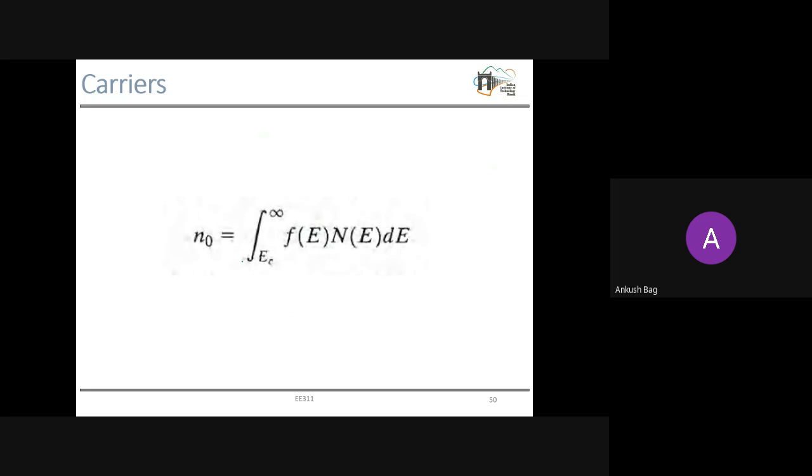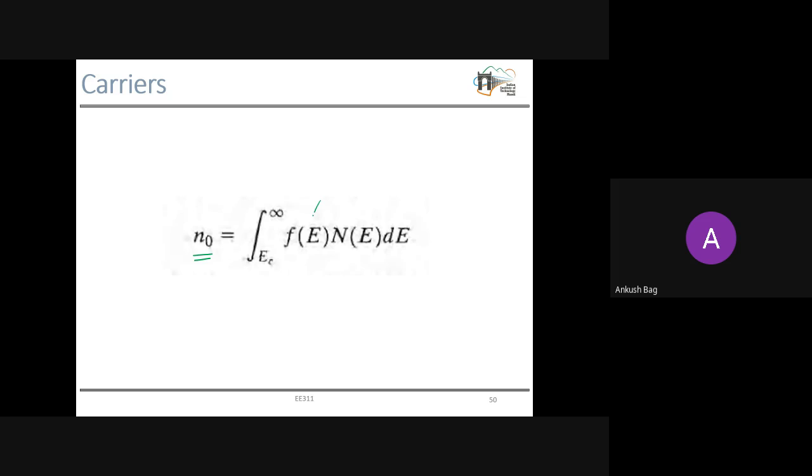To quantify the carriers, I'll explain all this equation. This is the equation we need to quantify the number of carriers available in the semiconductor. What are the parameters we need to find to calculate the number of carriers?